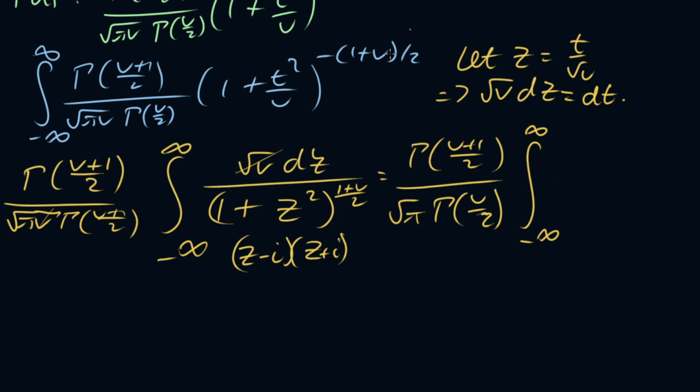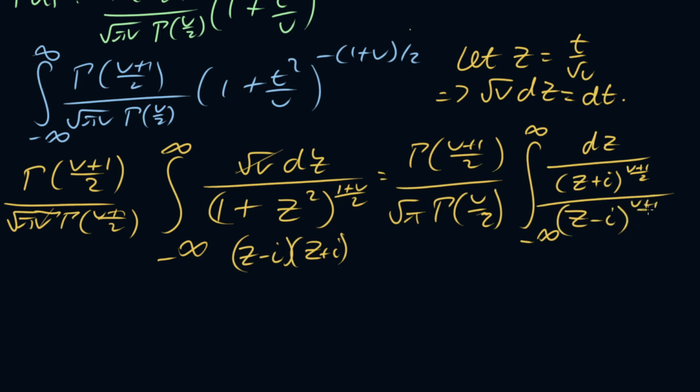So I'll show you what I'm doing there now. z minus i, I'm going to write this as the positive factor and this as the negative factor, and I'll show you why in a minute.